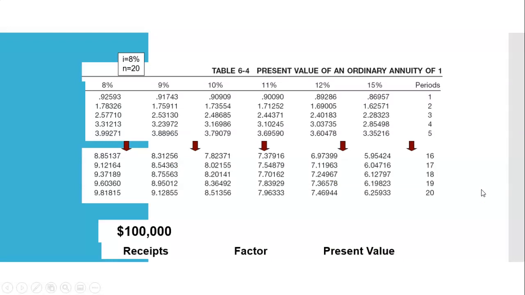So here is table 4, and we have 8%. We go down to the 20 years, and that's the 9.81815 is the factor. So we have PV equals R times table 4. So the R is 100,000 times table 4, 9.81815 equals the present value that we're looking for.